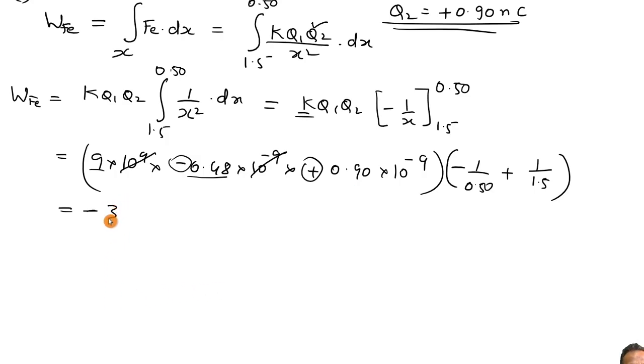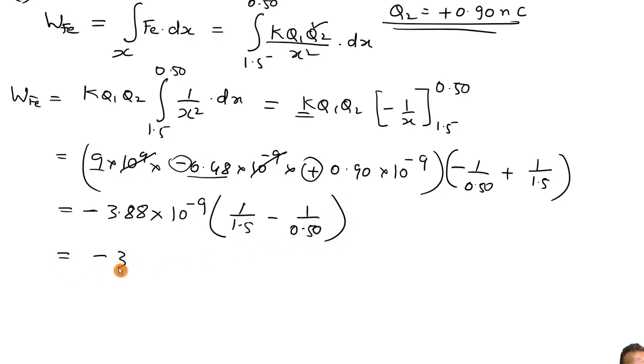This 10 raised to minus 9 is remaining, and this bracket quantity is going to be 1 upon 1.5 minus 1 upon 0.50.